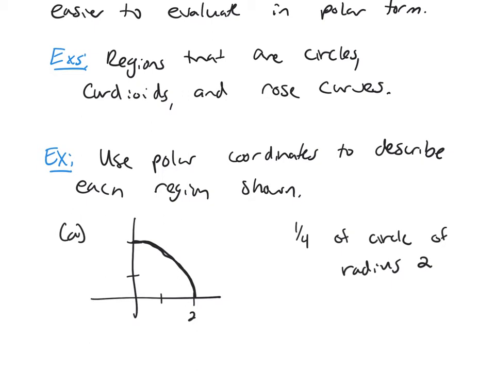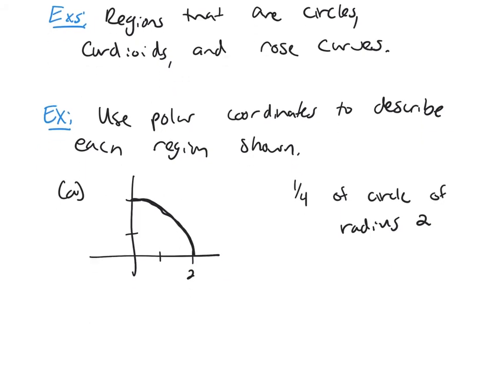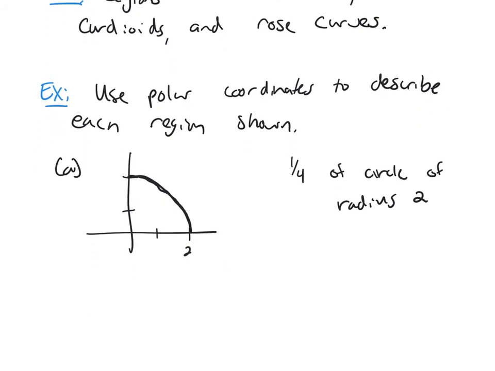We want to describe this region R with polar coordinates r comma theta. Let's think about what the values are on R. The smallest r can be is 0, and the furthest r can be is 2.